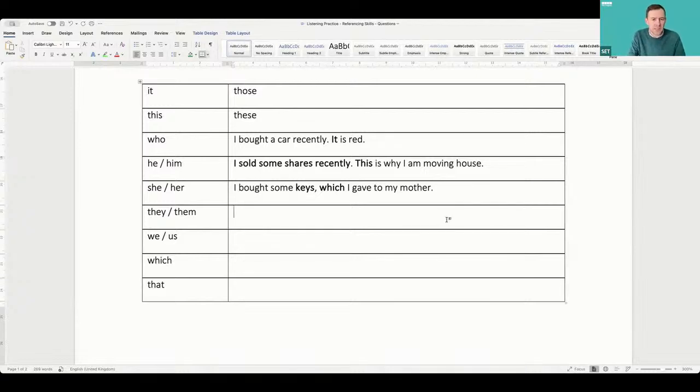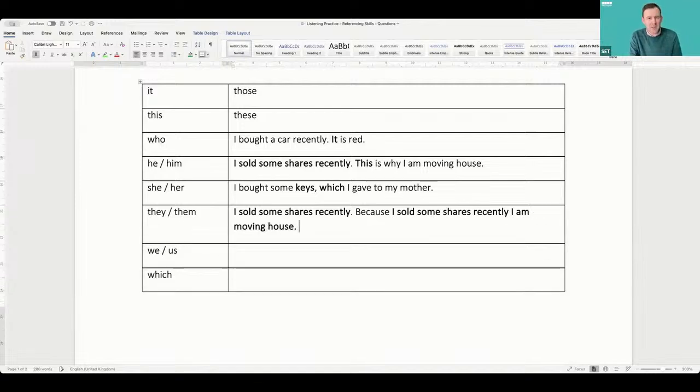Just imagine you had to repeat yourself. Okay, I sold some shares recently. Because I sold some shares recently, I am moving house. Doesn't that seem a bit of a strange thing to do?